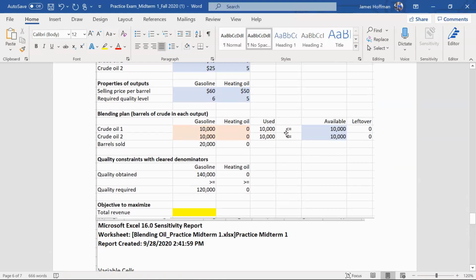Okay, so let me just go through the constraints. And so here we have a resource constraint. We can't use more crude oil than we have available for both types.